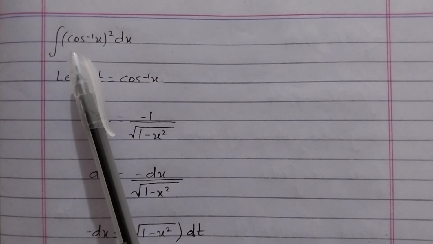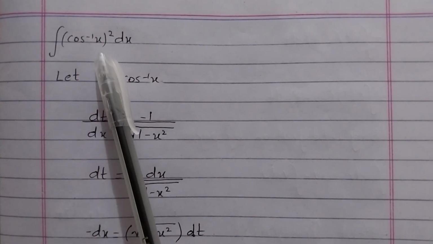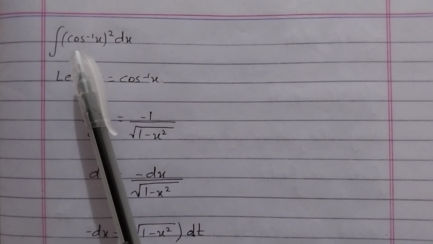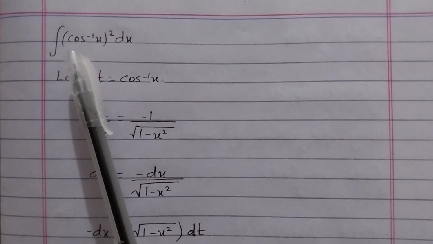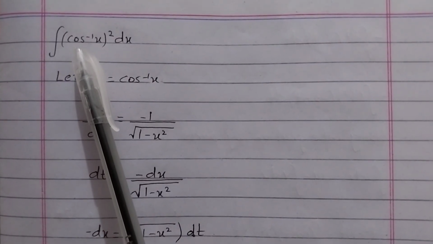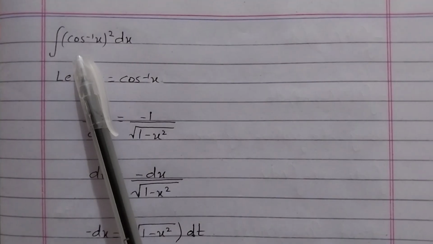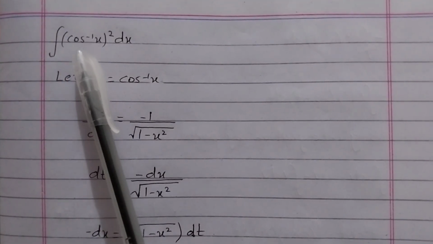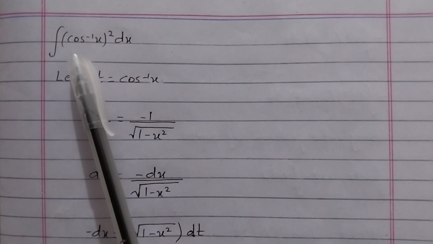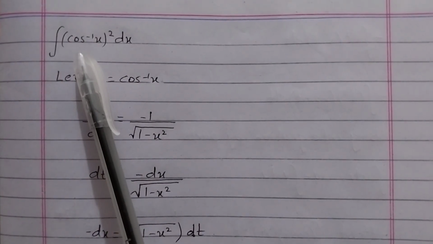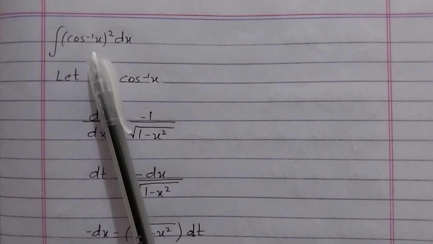Can we use integration by parts? No, because we can't call this as dv over dt, because we would then have to integrate this, and we don't know how to integrate this yet.